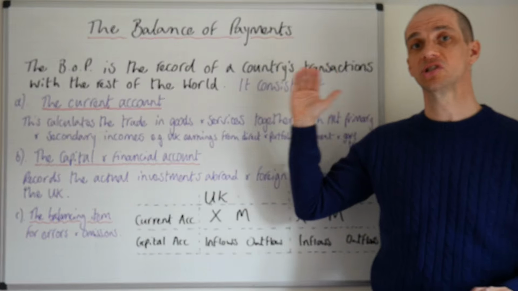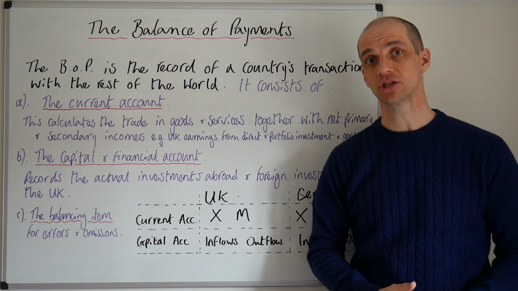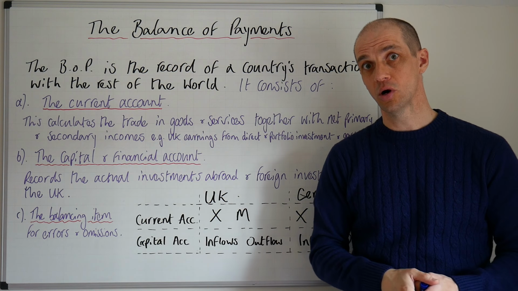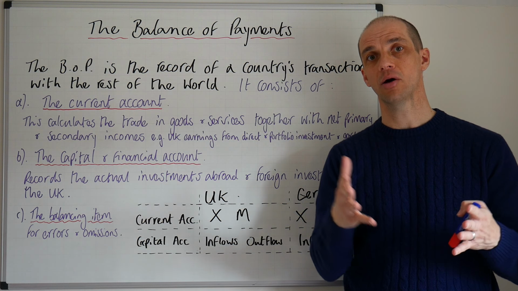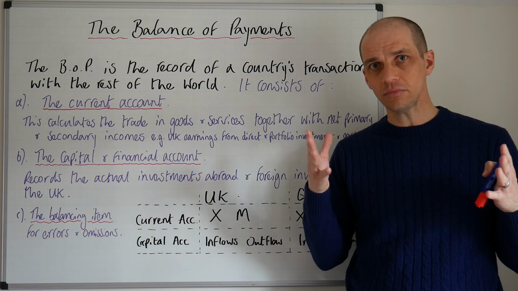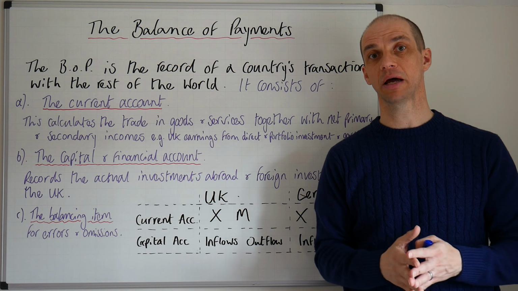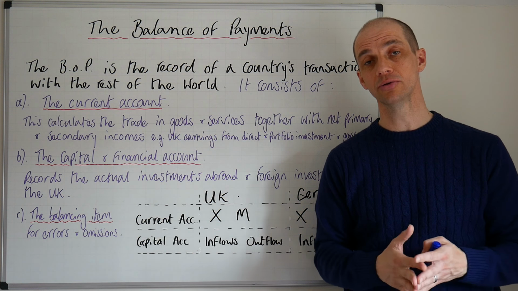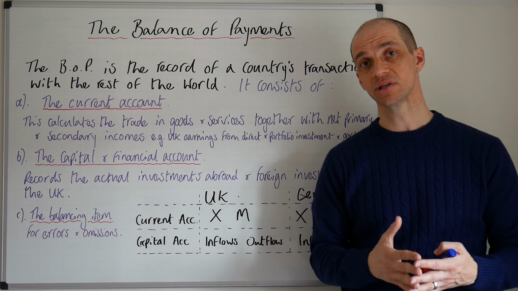So the balance of payments is a record of a country's transactions with the rest of the world. So it shows us how trade flows are actually occurring and to what extent. In addition to that, it tells us about net investment income flows that are taking place.